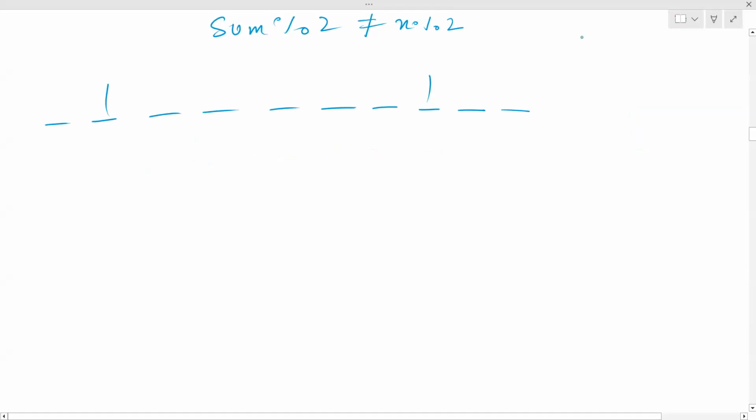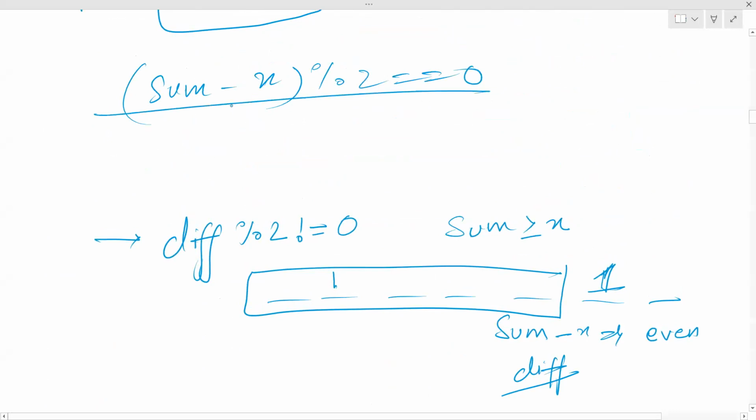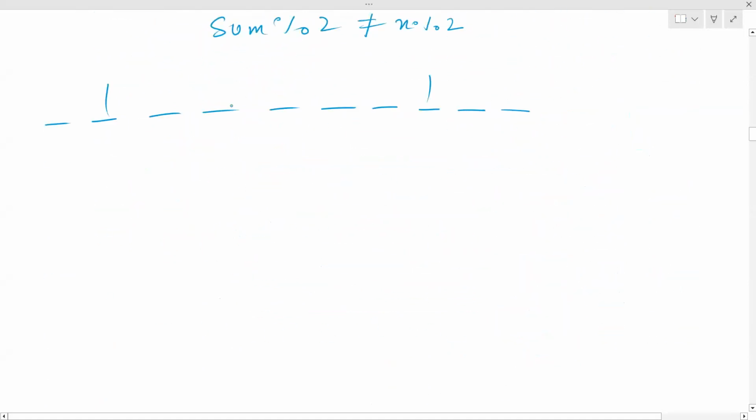Now, what is the biggest subarray? Because in the previous case, if sum minus X is even, the answer is always possible, right? We have already discussed this. The only requirement is the sum should be more than or equal to X. So in this also, we'll try to do the same thing.